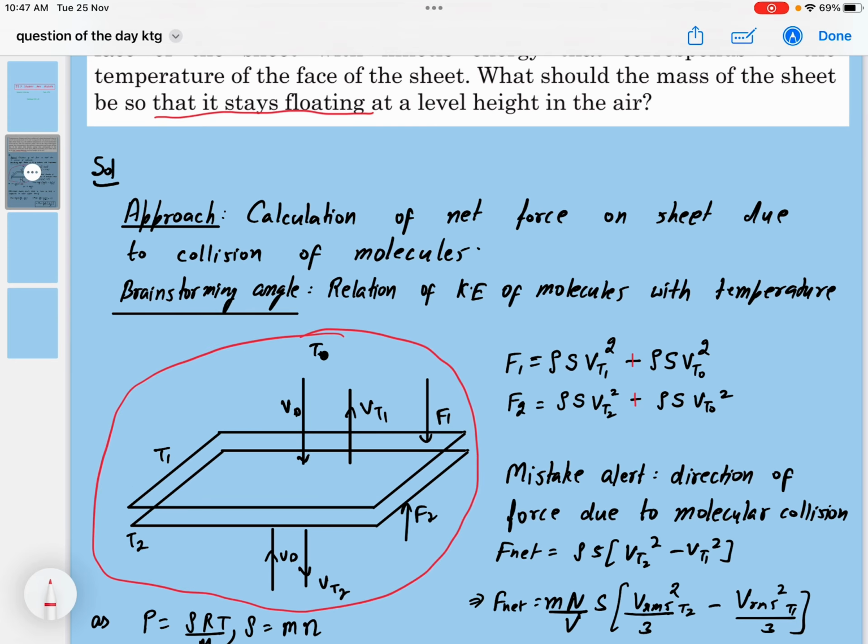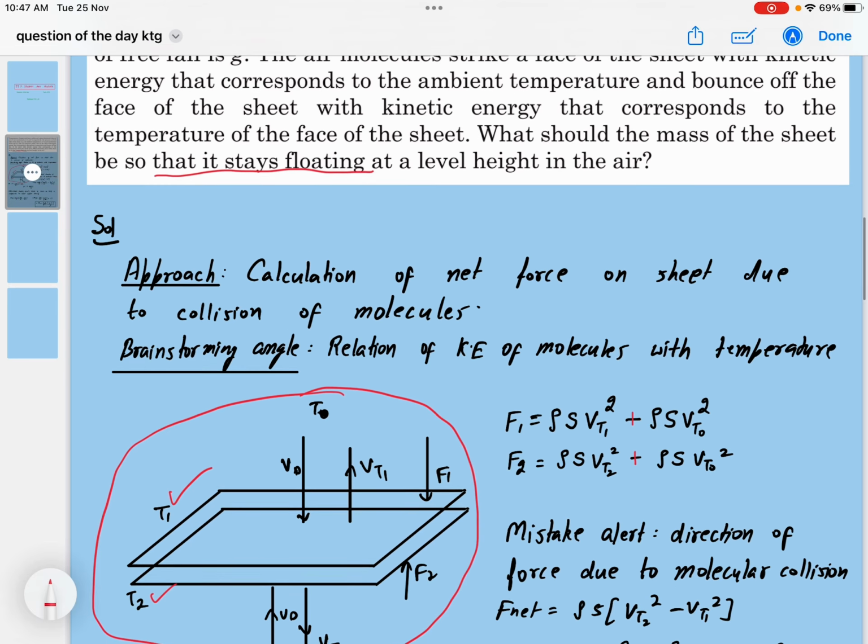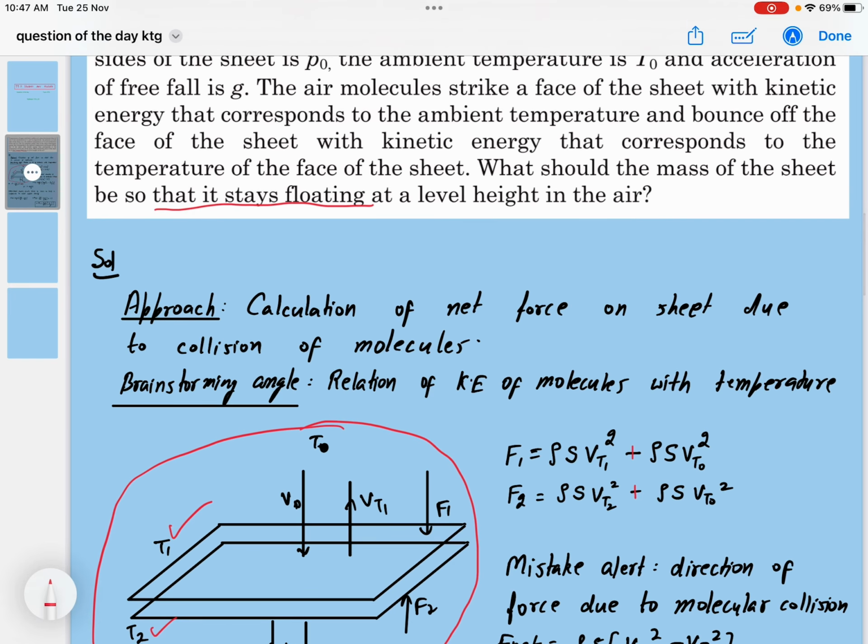On the sheet, the upper surface is maintained at temperature T1, the lower surface at temperature T2, and one more thing is written: molecules bounce off the face of the sheet with kinetic energy that corresponds to the temperature of the face. Kinetic energy is directly proportional to temperature.